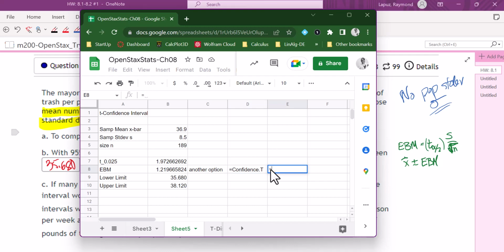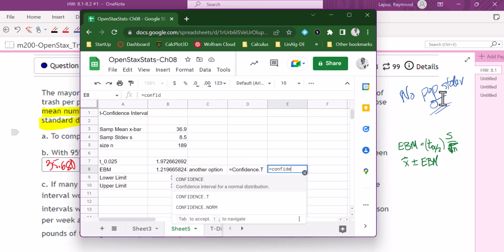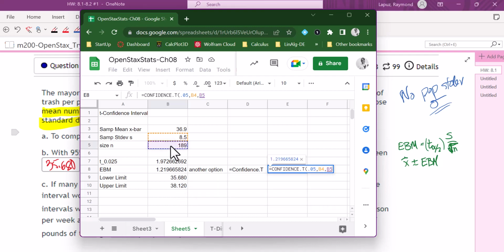So here I'll press equals without the little apostrophe, and I'll start typing confidence, and I see a CONFIDENCE.T and a CONFIDENCE.NORM. So if I press on CONFIDENCE.T, it's going to ask me for alpha. So alpha was 0.05 if you remember. The standard deviation was 8.5 if you remember, and then the sample size, not the degrees of freedom, but the actual size, is this.